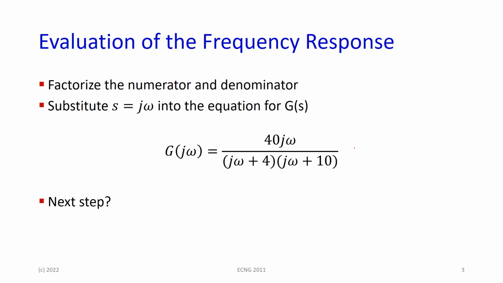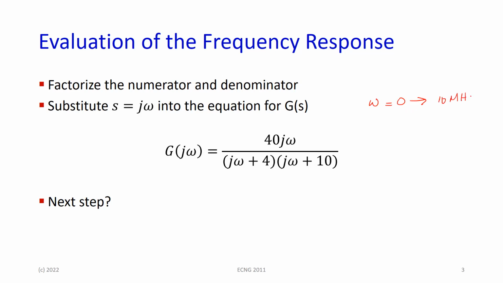And then the next step, if you didn't know anything else, would be to take omega and let omega go from 0, DC, up to some high frequency. We have no idea where it will stop, but you pick some values of omega between 0 and, for argument's sake, let's say 10 megahertz.